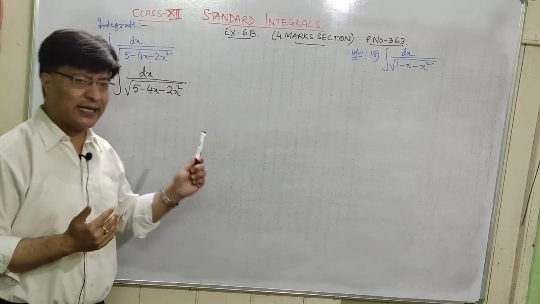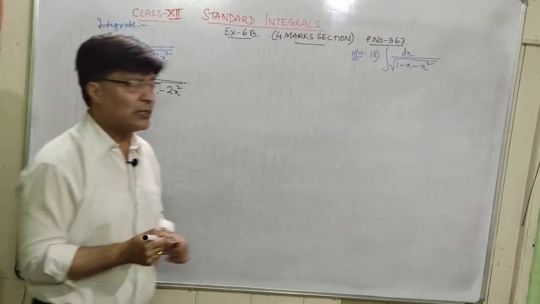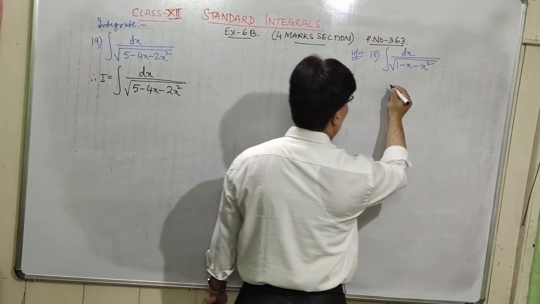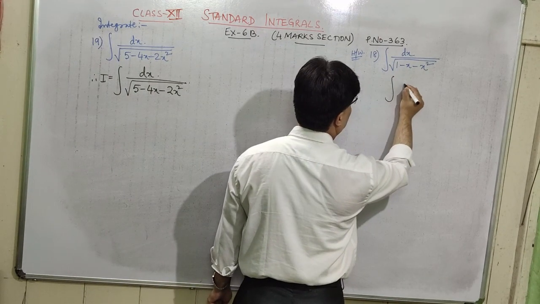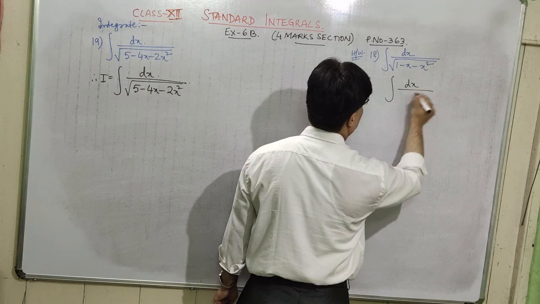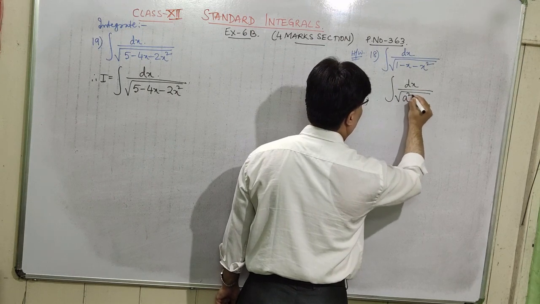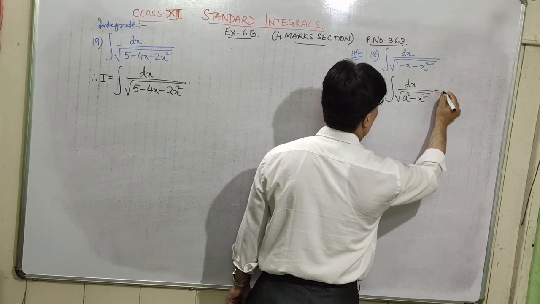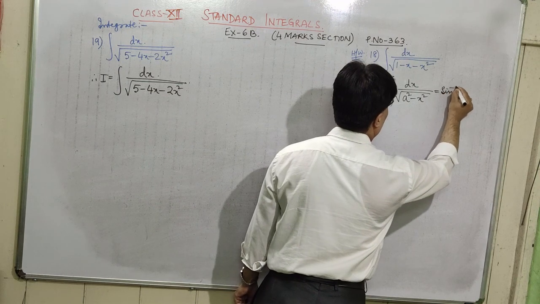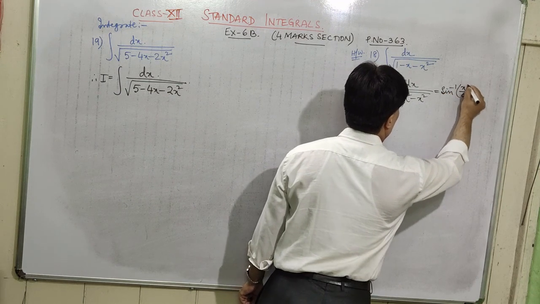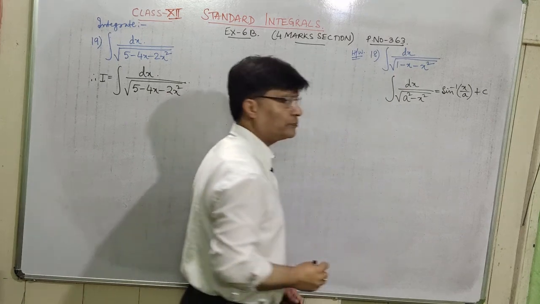That is the 6th standard integral. That is the simplified integration, right? That is integration of dx divided by root over a square minus x square, which is equal to, what is the formula? It is sine inverse x upon a plus c.